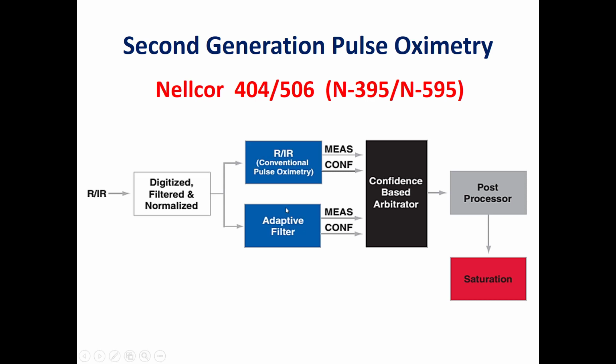They used an adaptive filter to solve this problem, and they give a second measurement of the pulse oximeter with the confidence on it. So finally, we have what we call the confidence-based arbitrator. This helps to decide which is the better reading, the conventional one or the one calculated by the adaptive filter. And based on that, finally, we have this result.